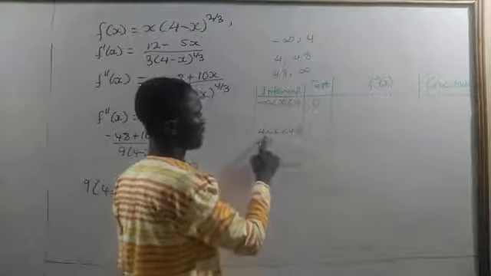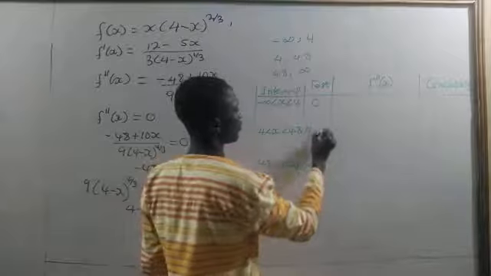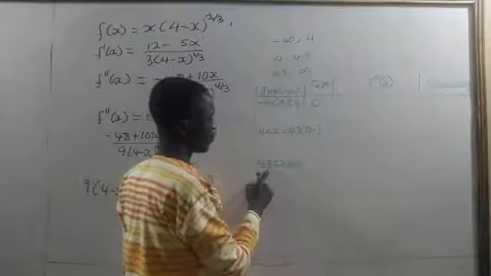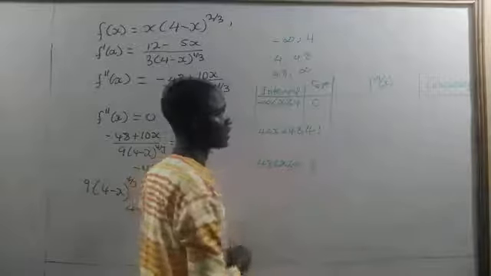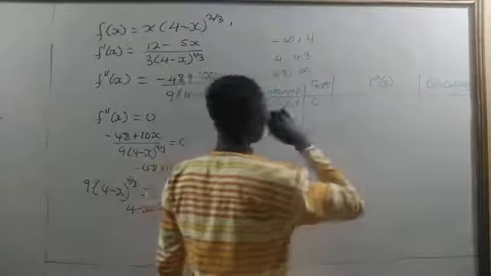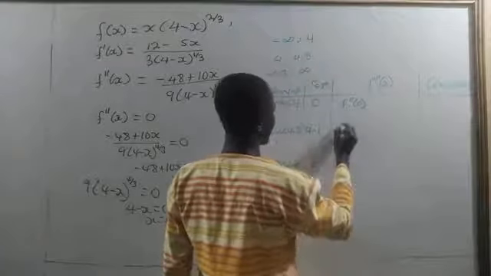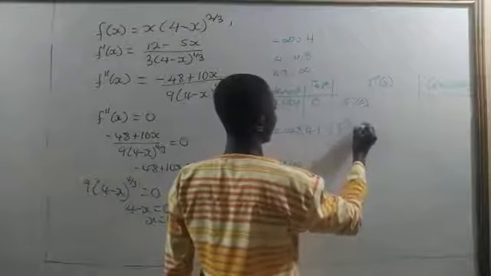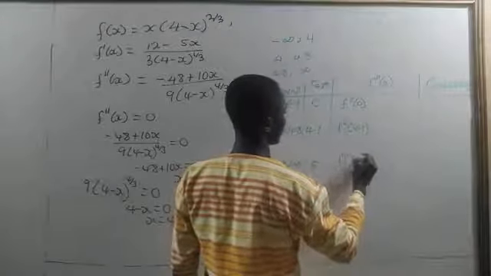If you look at this interval, I have 4.1, 4.2, 4.3, 4.4, so I'll use 4.1 to check. And 4.8 up to infinity, I'll just use 5 to check. So now we are going to find f prime prime of 0. Then here you find f prime prime of 4.1, and you find f prime prime of 5.